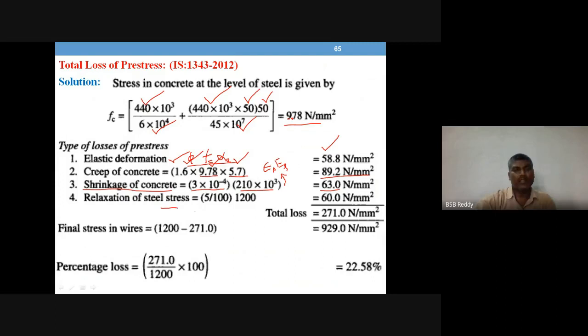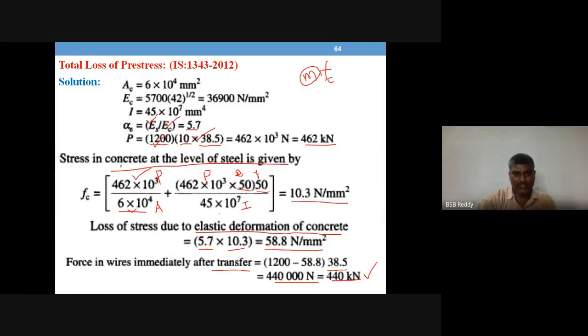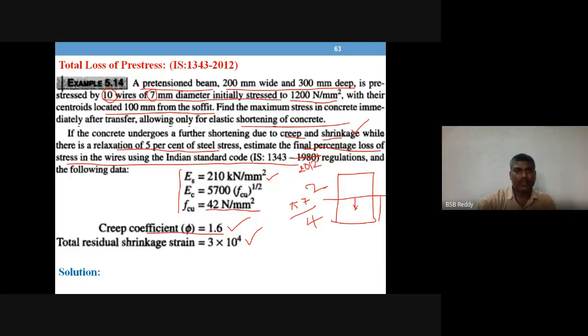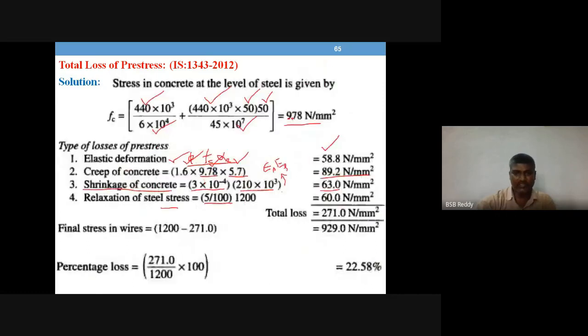And relaxation, I told you, is just a percentage of the given stress value. It is set at 5%. Relaxation loss is 5%. So 1200 is the stress value. Out of 1200, 5% is the relaxation loss.